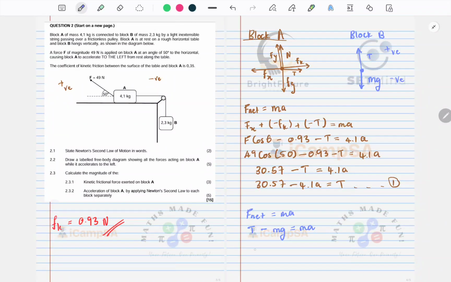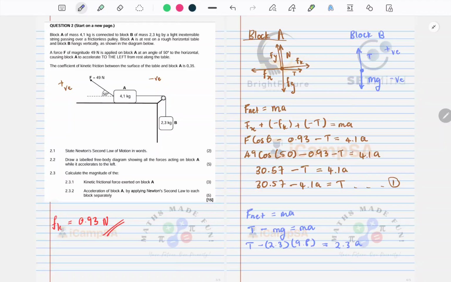We've already got mg: 2.3 times 9.8, where g is 9.8. Remember, g is the constant gravitational acceleration. Then we have 2.3, and we don't have a; we are looking for a.